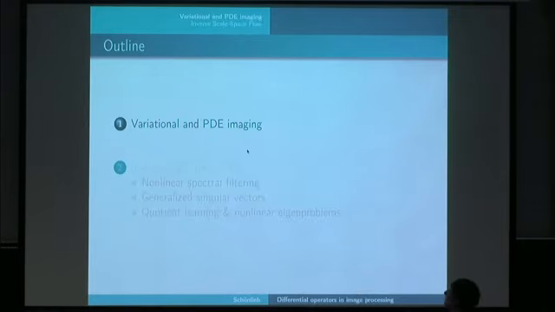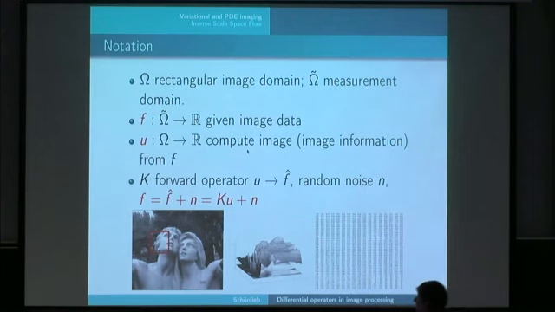Okay, so first of all, very briefly, the kind of notation that I'm going to use. So I will mainly be speaking about image processing. So the data that I'm acquiring is an image or some transform of an image that I want to retrieve.